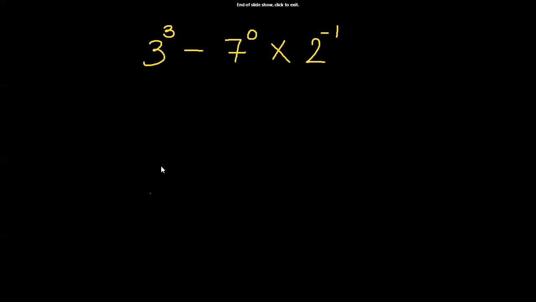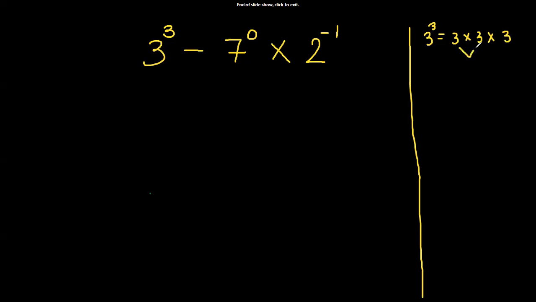We tried. All right, so let's go ahead and answer this properly. So we say 3 to the third power. What did y'all do with that? 3 times 3 times 3. So we say 3 times 3, which gives us 9.